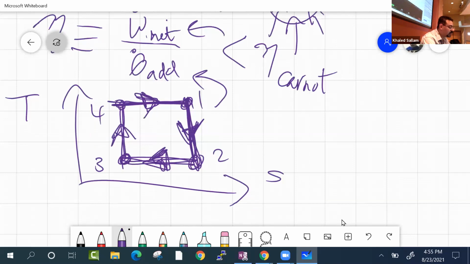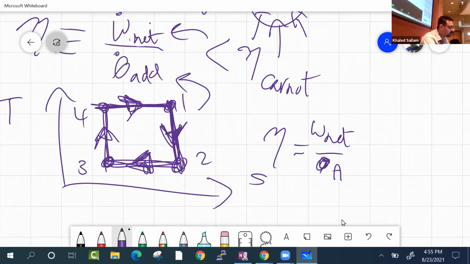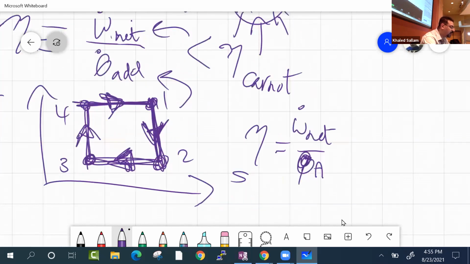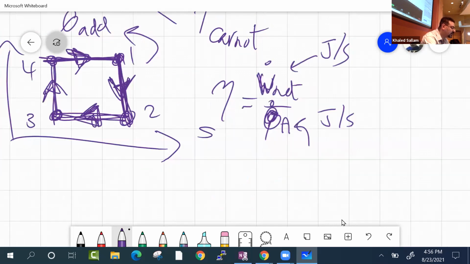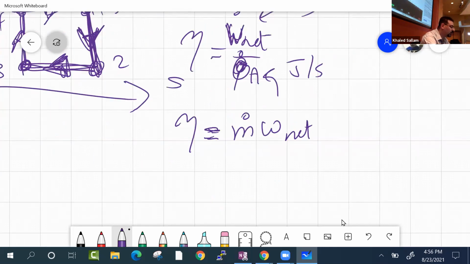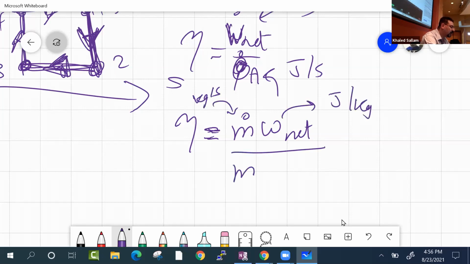And the efficiency of any cycle, not just Carnot, is always net work over Q added. By the way, I can write it as W dot over Q dot, and the unit is joule per second. But W dot net is M dot multiplied by small w net, the specific work in joule per kilogram, with M dot in kilogram per second, divided by M dot times small q added, the specific heat addition in joule per kilogram.